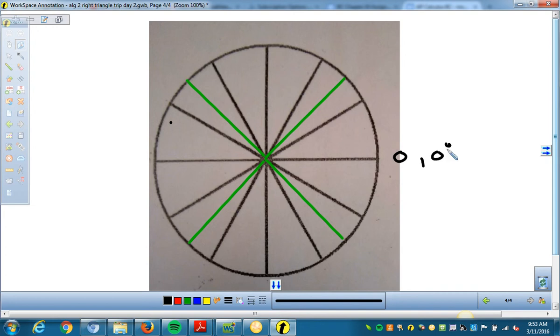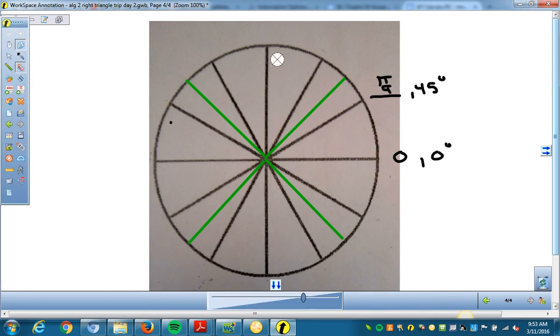Okay. So we have 0 radians. The first number is going to be radians. The second will be degrees. So if this was 45 degrees, so here you'll have pi/4, 45. I'm just getting all of these labeled all the way around. Oh, sorry, that one's 30, not 45. I'm sorry. I'm sure it's 30.